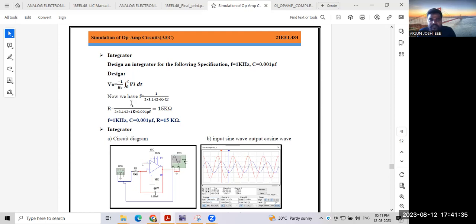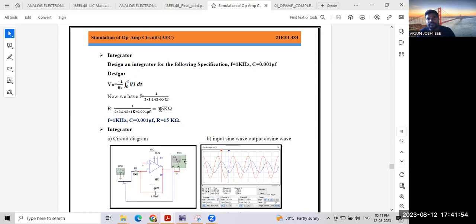Now we have F is equal to 1 by 2 pi RC, where the pi value is 3.142. Here they mention F and C, so we need to find the R value. R is 1 divided by 2 pi, 1 kilo into 0.001 microfarad, which comes to 15.9.